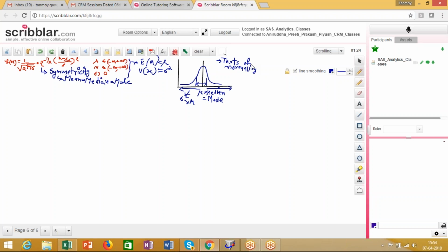How is it that we can test whether a variable is normally distributed or not?